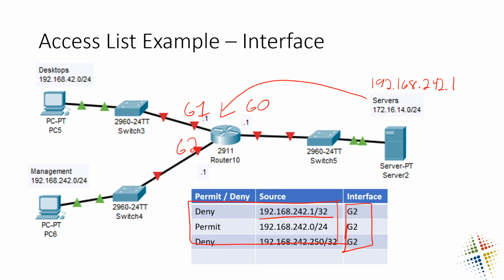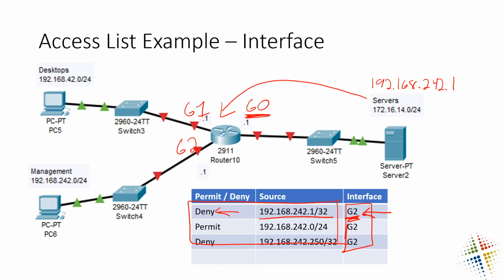Now, because this is coming in on gigabit 0 instead of gigabit 2, what's going to happen is the firewall, or the access list, is going to be ignored. It's not going to do anything specific to that traffic. It's going to say, hey, this deny that I have right here is only for that IP address on this interface. That's coming in off of G0. My access list does not apply.